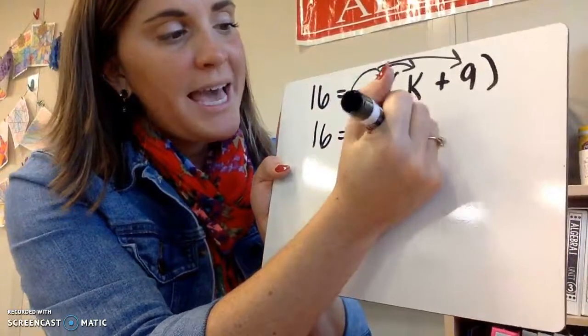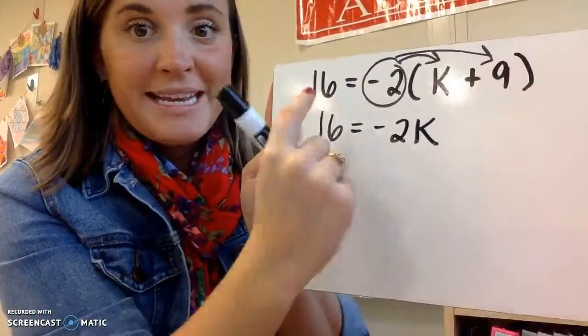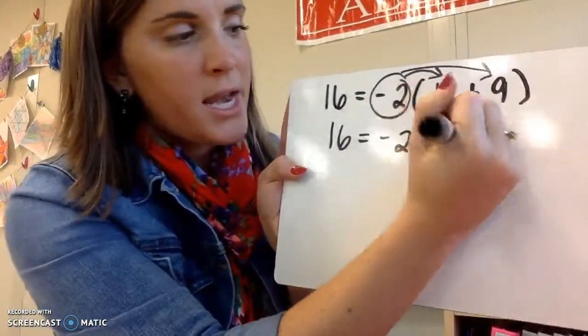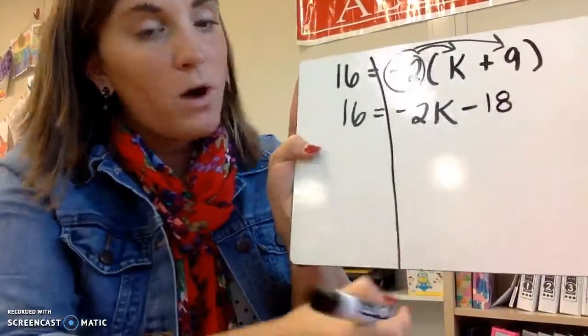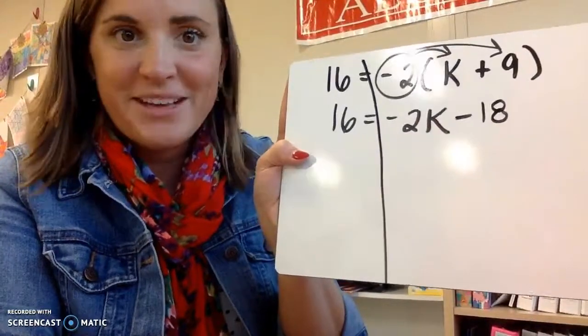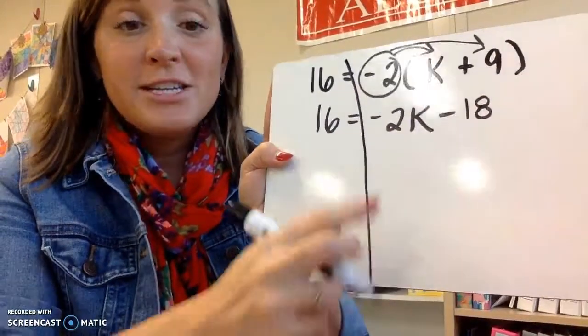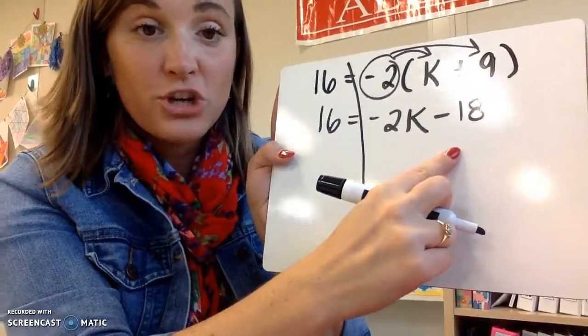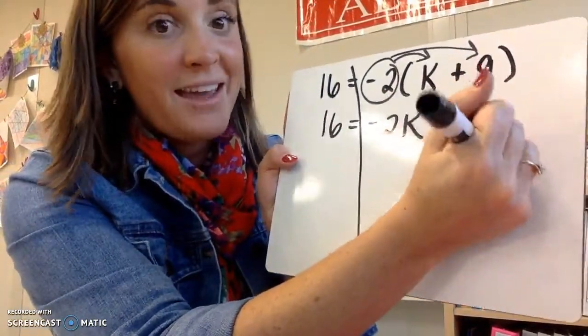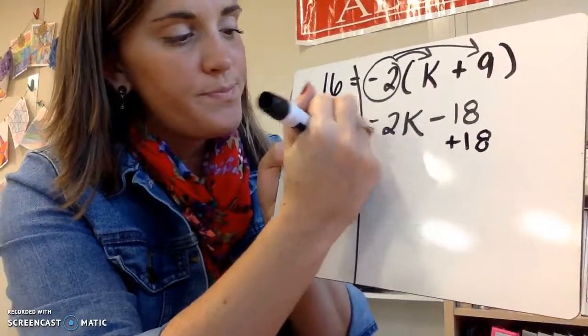Negative 2 times k is negative 2k. Negative 2 times positive 9 is going to now be negative or minus 18. Draw your brick wall if you need to. That was not straight, but you guys get the idea. Your k, negative 2 is your date, negative 18 is your third wheel. So you're going to add 18 on each side.